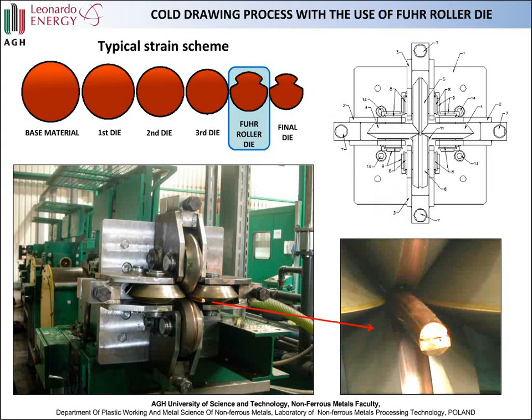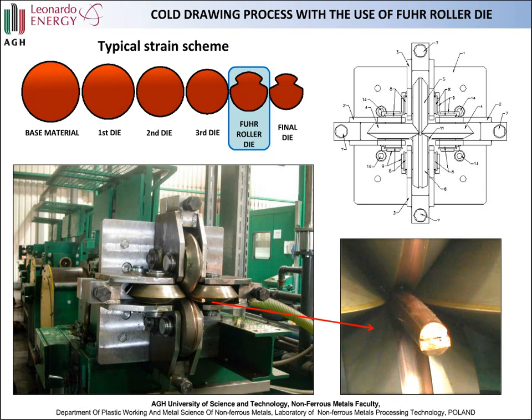The typical production technology for contact wires is based on the drawing process. Also, with the drawing process, we have various actions that can be taken to reduce the geometry of the base material and to obtain a final trolley wire.